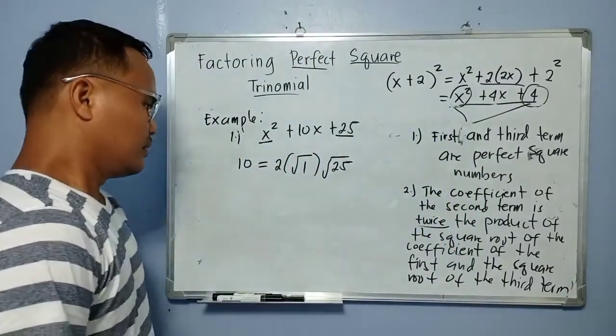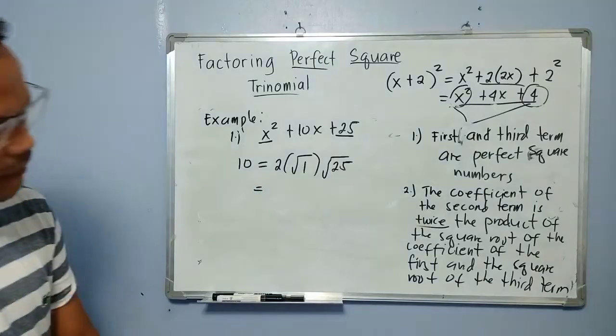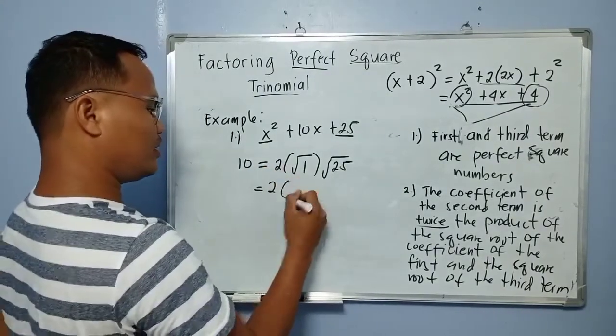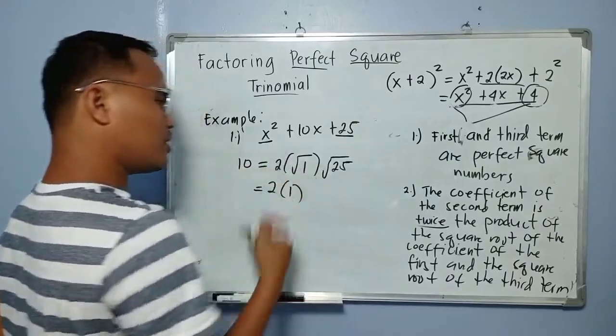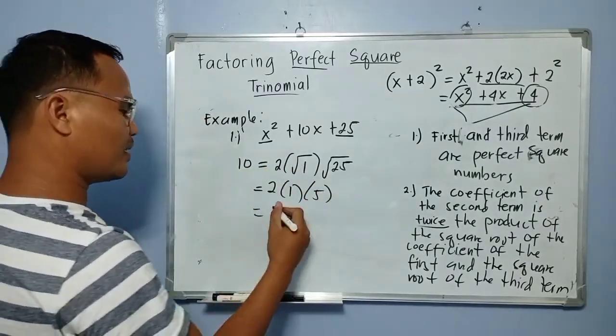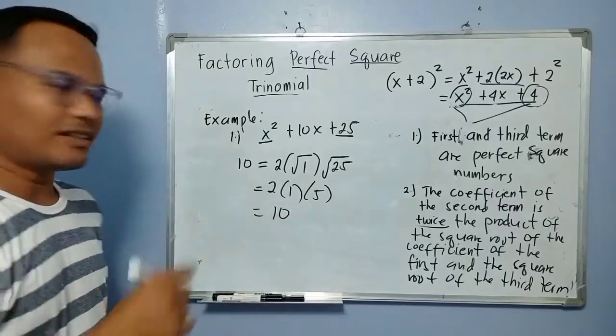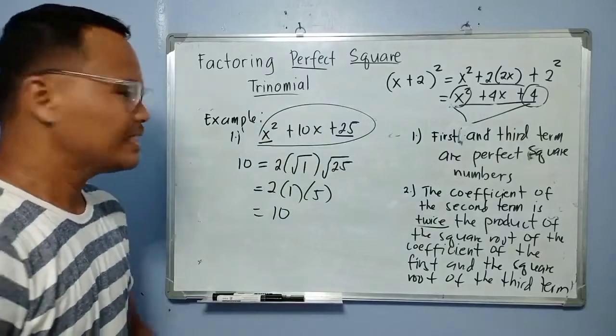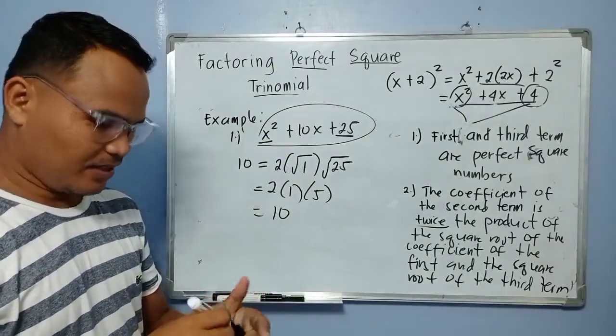Okay. Now, 2, what is square root of 1? 1. Square root of 25, that's 5. Multiply these three numbers, the result is 10. So correct. Therefore, this trinomial is a perfect square trinomial.